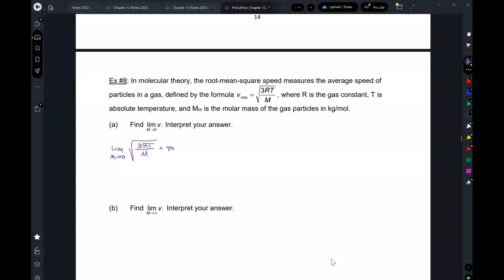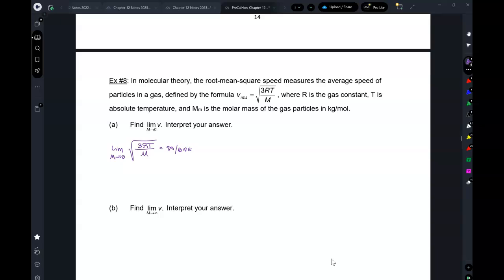Because as the denominator gets infinitely small, as the denominator approaches 0, the whole fraction goes up to infinity. Remember, the limit is never 0.